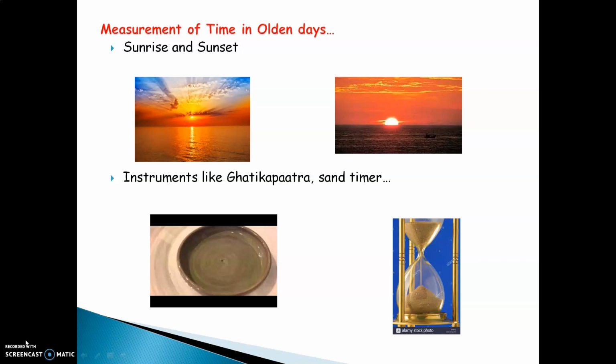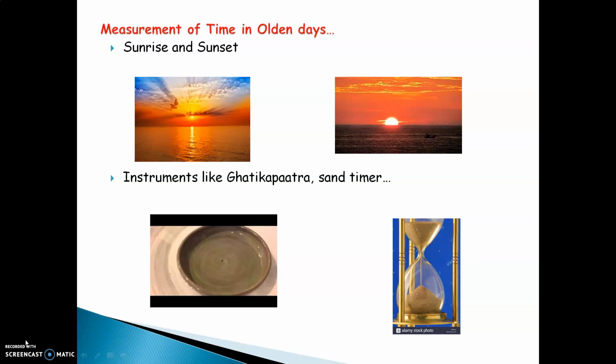When they would see the sunrise, the sun coming up, they would declare it was morning. Similarly, when they realized the sun had gone right on top of their head, they would call this noon. Similarly, when the sun was about to go down, at sunset, they would realize it was going to become evening and then night.